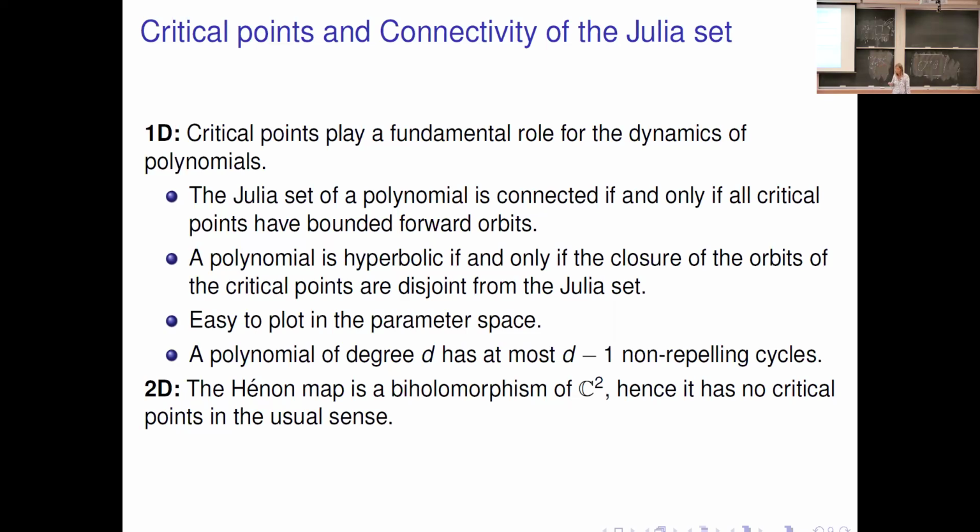But if you restrict the Green's function to a foliation, for example my stable foliation of F plus, then I can look at the Green function G minus and at its critical points.